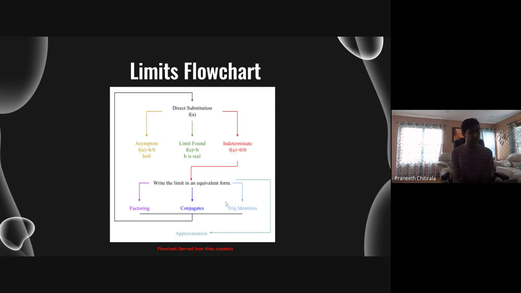And if everything else fails, or if it's difficult to solve, then you use approximation. But after you do these, if you write the limit in an equivalent form, you go back to direct substitution, and then go over this flowchart again until the limit is found or you find an asymptote.